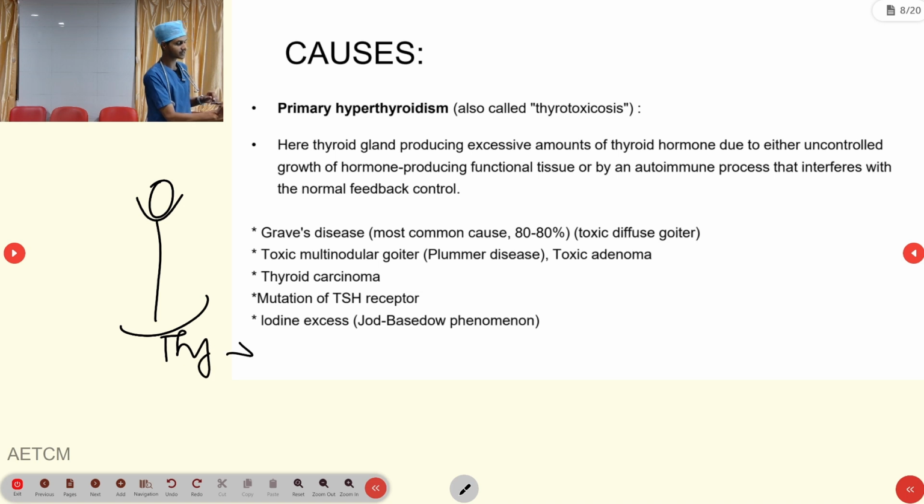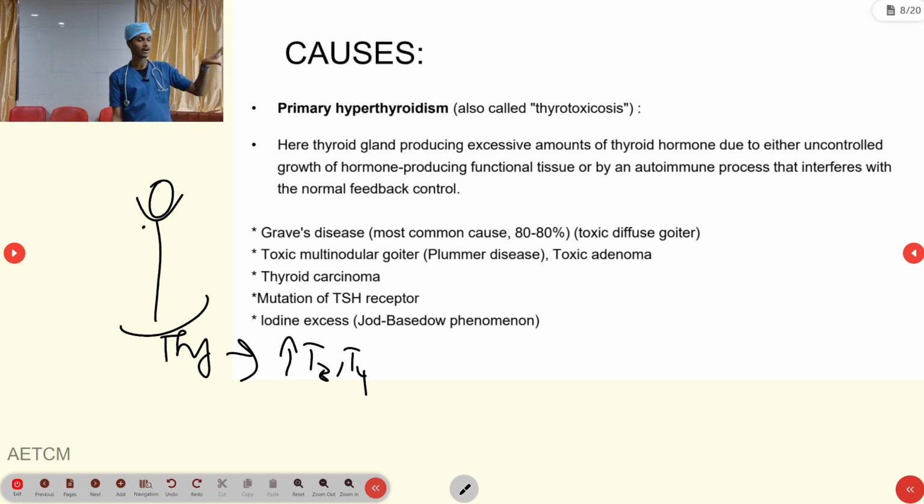Because the receptor is stimulated, your thyroid will secrete the hormone, so there will be increased T3 and T4 levels. Thereby your thyroid gland, because of the stimulation, secretes more T3 and T4. So that is called Graves' disease.